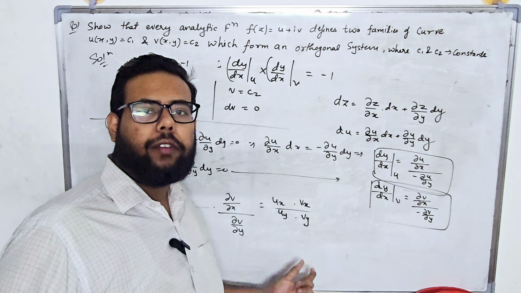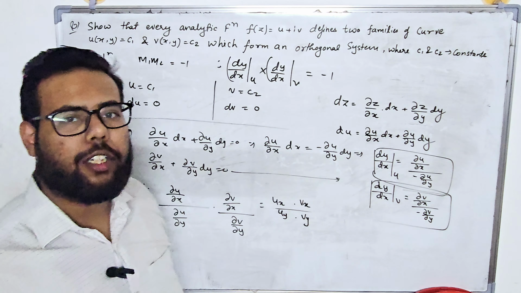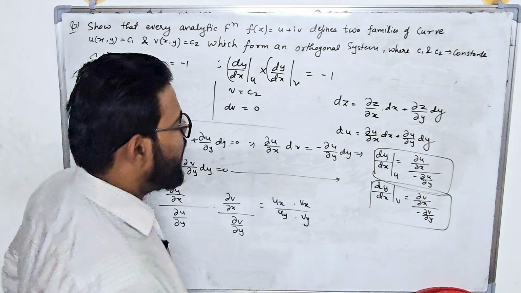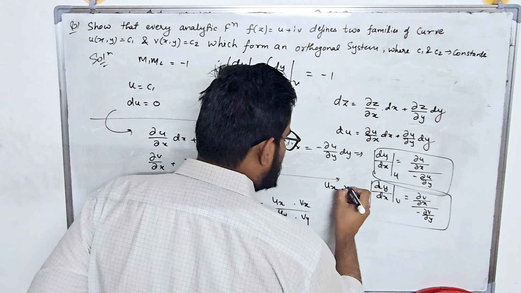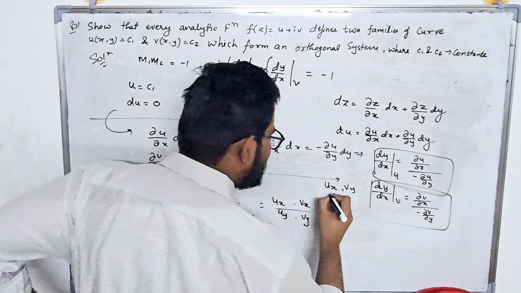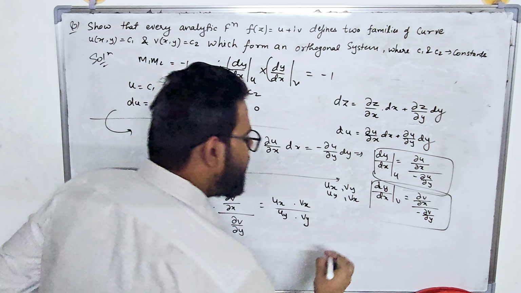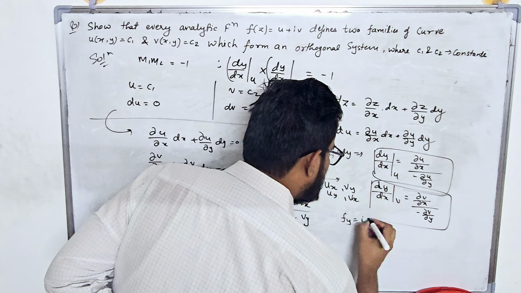Now how do we evaluate it further? Well, we all know the Cauchy-Riemann equations. Since it is an analytic function, it should satisfy the Cauchy-Riemann equations, which means there must be a relation between ux and vy, and between uy and vx. In case you don't remember, just use the identity fy = i fx.